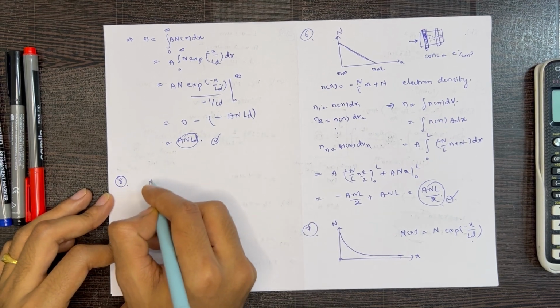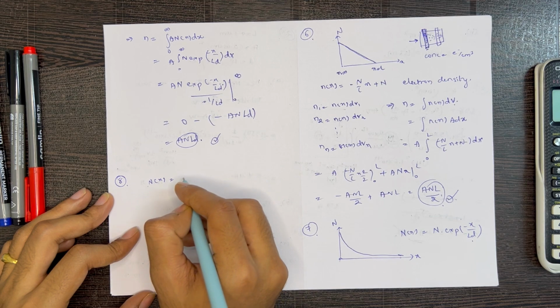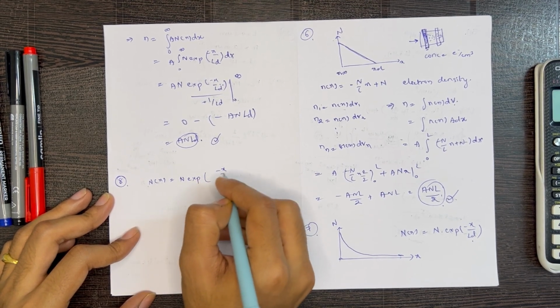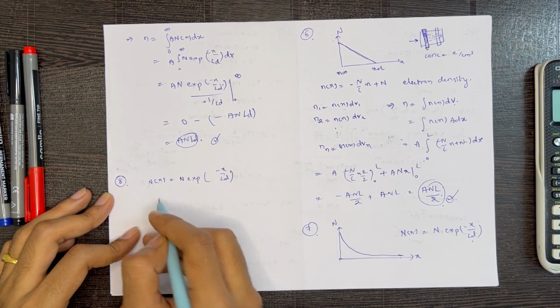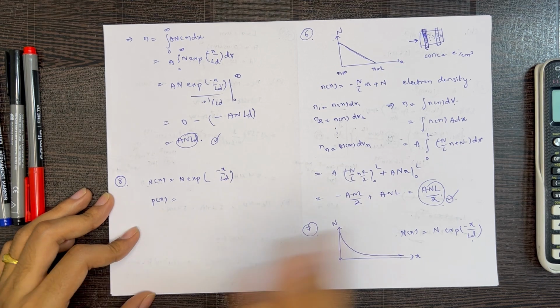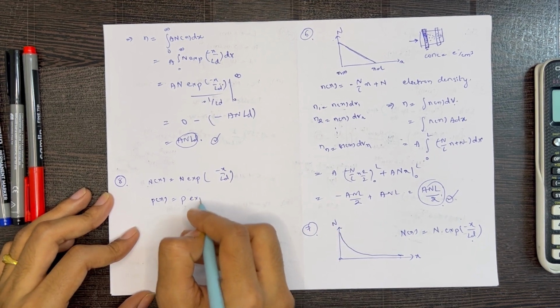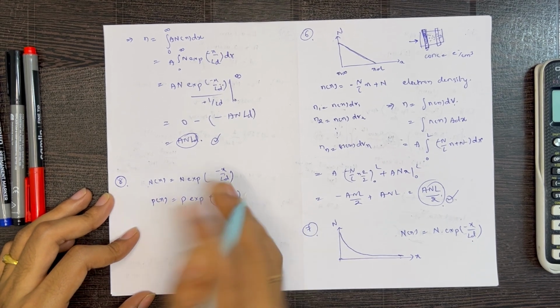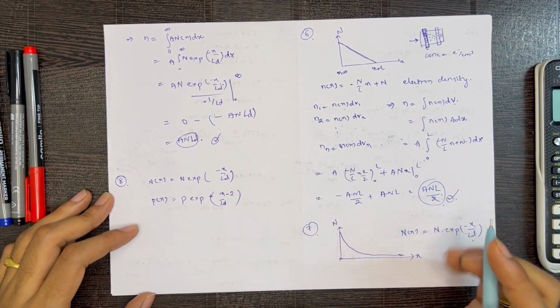Okay, now we can write n of x as n exponential of minus x by LD, correct? Now p of x will be opposite to that and shifted to its right side. So it will be exponential of positive x by LD. It will be minus 2 because it's shifted 2 times right side.